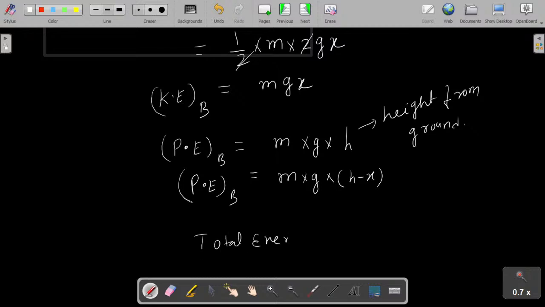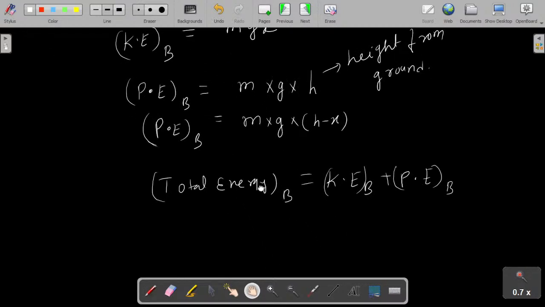Now you have to find the total energy. The total energy at point B will be kinetic energy at B plus potential energy at B. Note down. Put the values. What will you get? Kinetic energy is mgx.